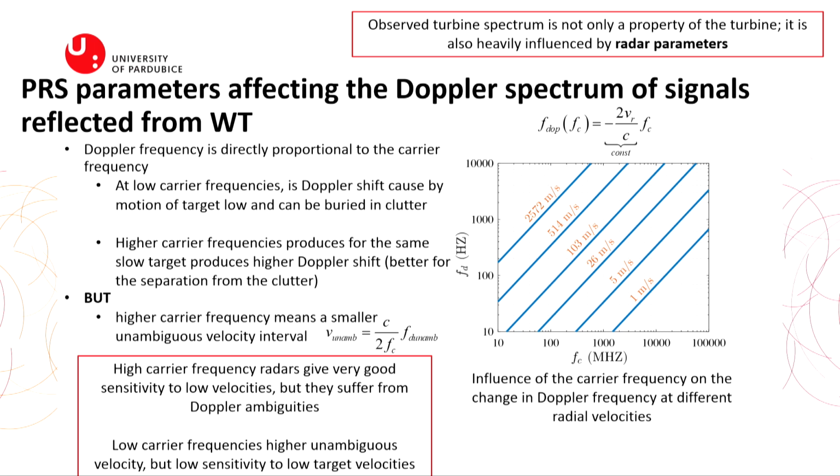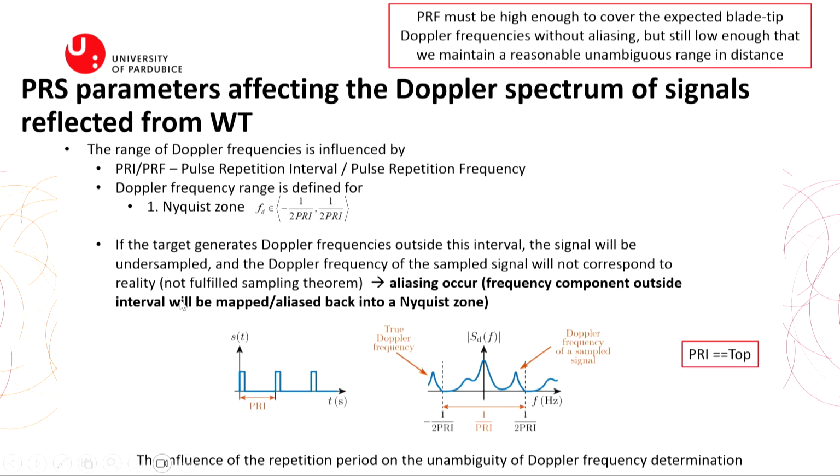You have low ambiguity but for low speed it will be bad; if it is good for low speed, you have ambiguities. And again, you need to find some balance. So you can see that this really depends on radar parameters.